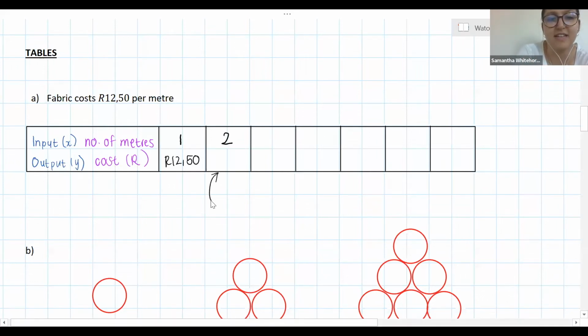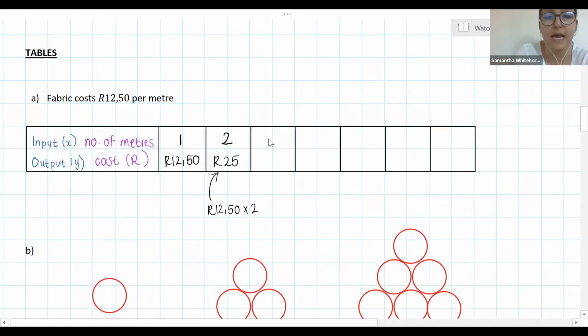Excellent. So guys, exactly as we've just heard, we would take the 12 Rand 50 and times it by 2. Bear in mind that 2 50 cents make 1 Rand. And so for 2 meters, I'm going to pay 25 Rand.